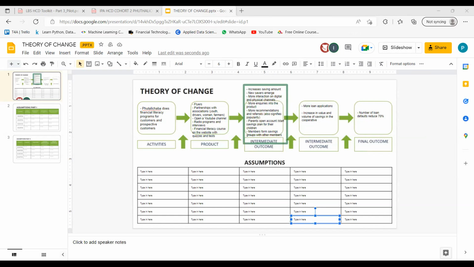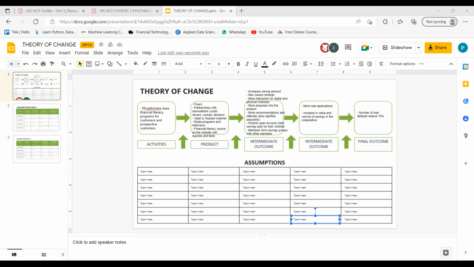Our desired final outcome was to have our loan default reduced by 70%. Our intermediate outcome was having created this product to educate people on finance.